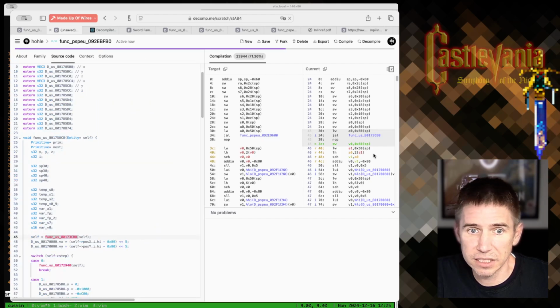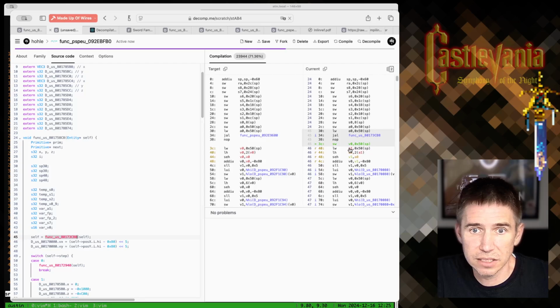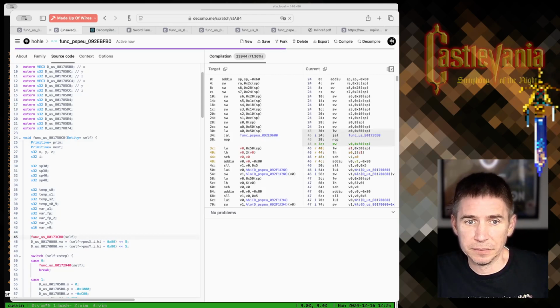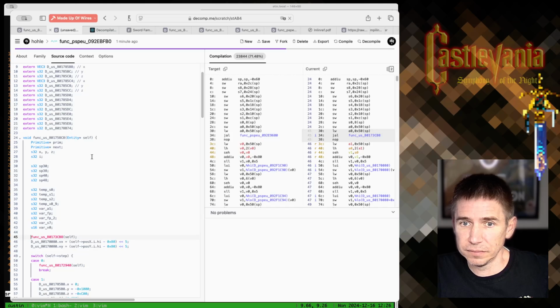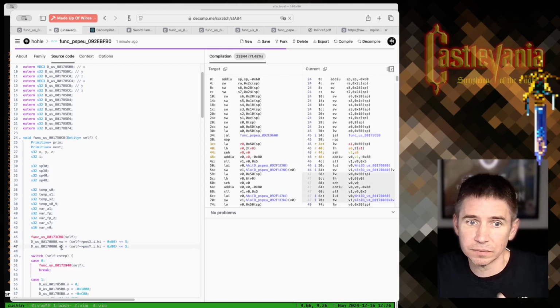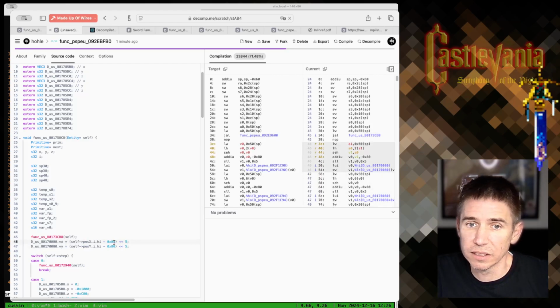But then it's not taking. Oh, maybe I'm misreading this. Yeah, I think I'm misreading this. The value is being read into V0 as the temporary register.